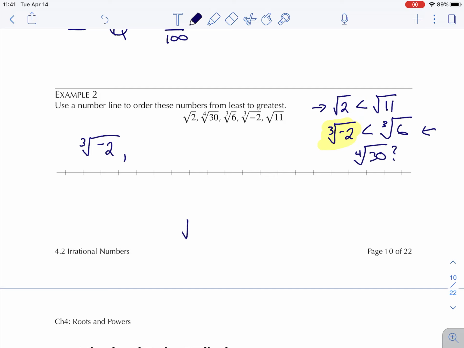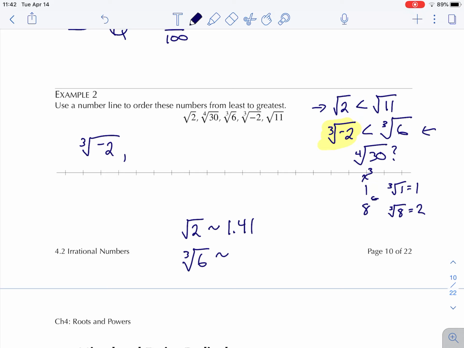So the square root of 2 is approximately 1.41. The cube root of 6, well, if I'm just looking at my list of perfect cubes, 1, then 8, these are my perfect cubes. 6 goes between these two, and it is closer to 8 than 1. The cube root of 1 is equal to 1, and the cube root of 8 is equal to 2.